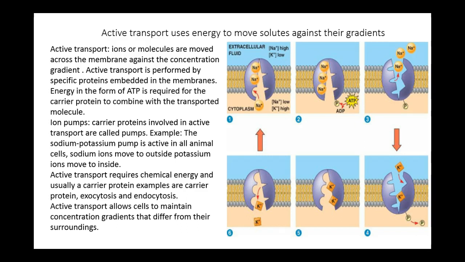So this pump is moving against its concentration gradient. It's actually pumping sodium out of the cell when sodium is already low inside the cell. So it's pumping it from a low to a high. That's opposite of what we think about passive transport.